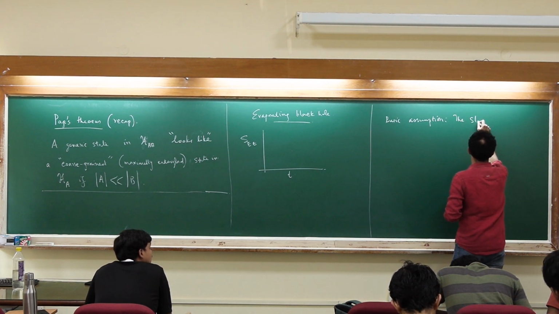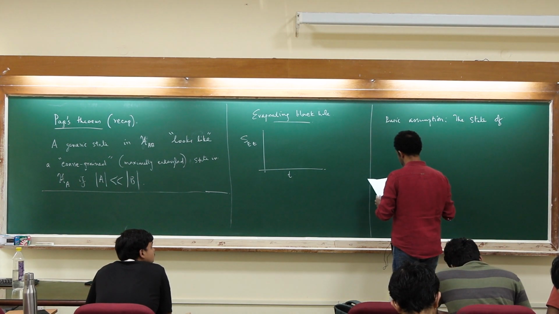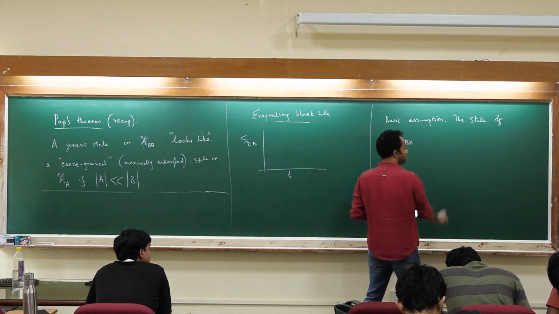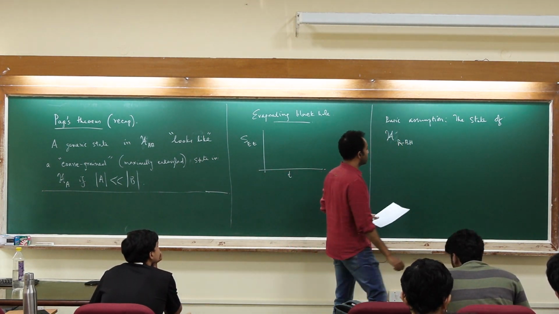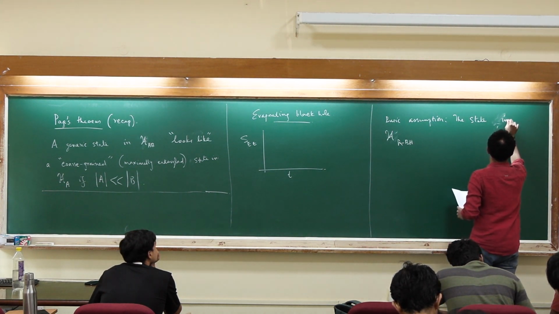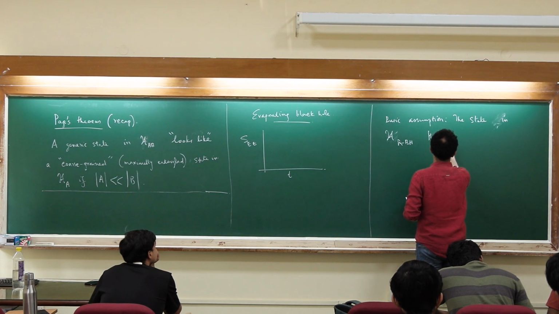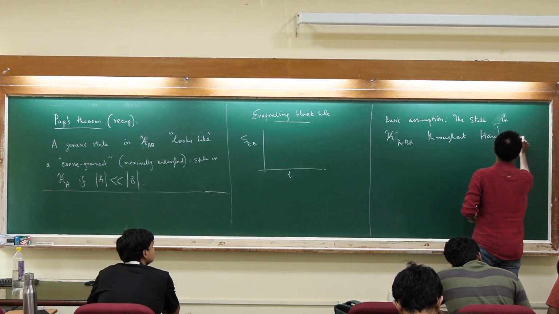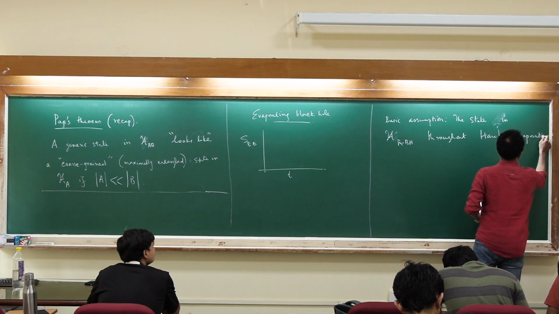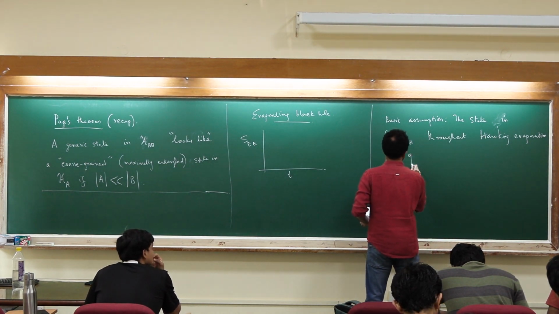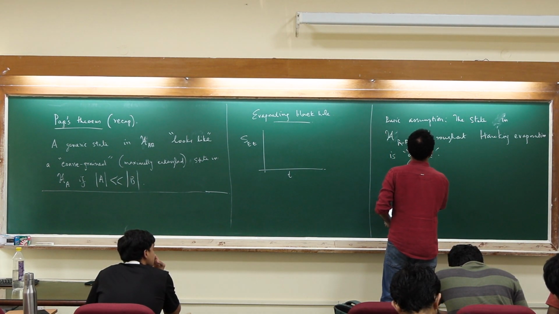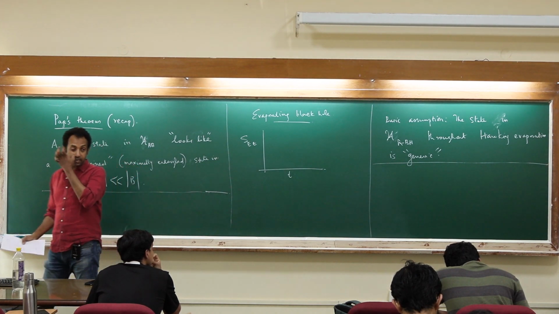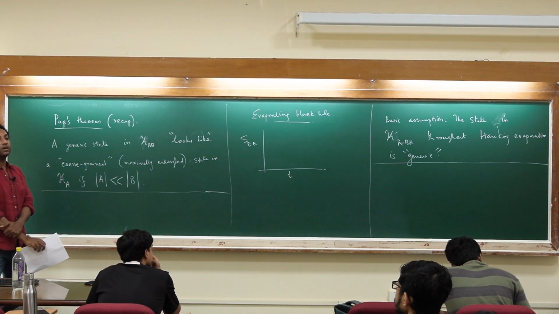The state in H_R ⊗ H_BH, now I'm calling it radiation and black hole, so that's A and B. The state in H_R ⊗ H_BH throughout Hawking evaporation is generic, and that's essentially because black holes are complicated things, and by the time it starts radiating, it's some horrendously complicated state in the Hilbert space that we have no immediate understanding of.